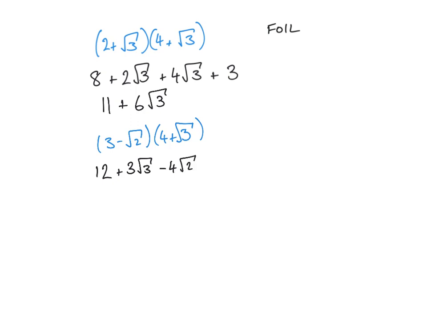And then the final terms, the last terms, minus root 2 times root 3, well a positive times a negative is negative. Root 2 times root 3 simplifies only to root 6. And so in this case then, not much that we can simplify any further in this.